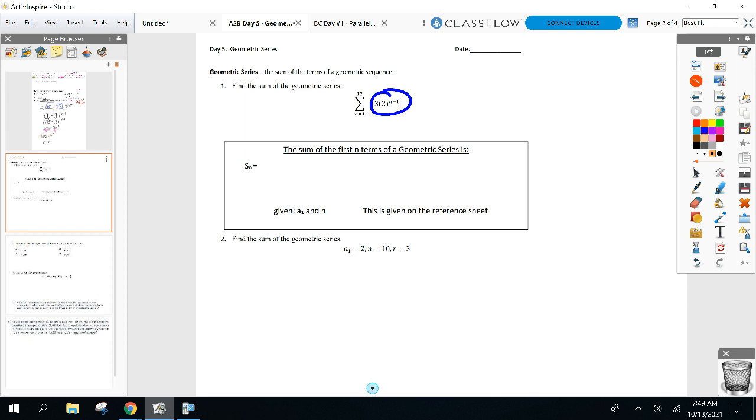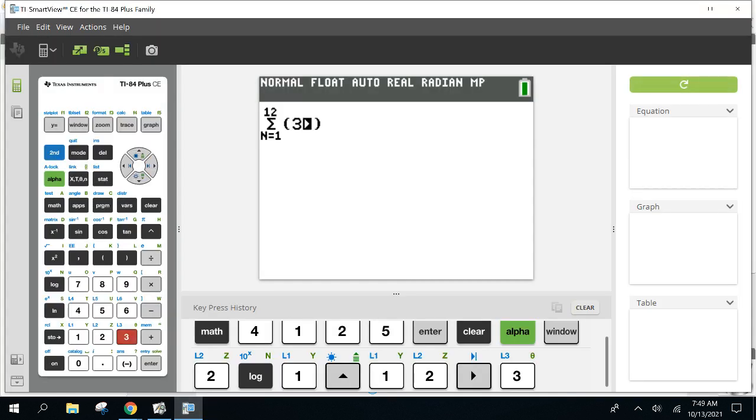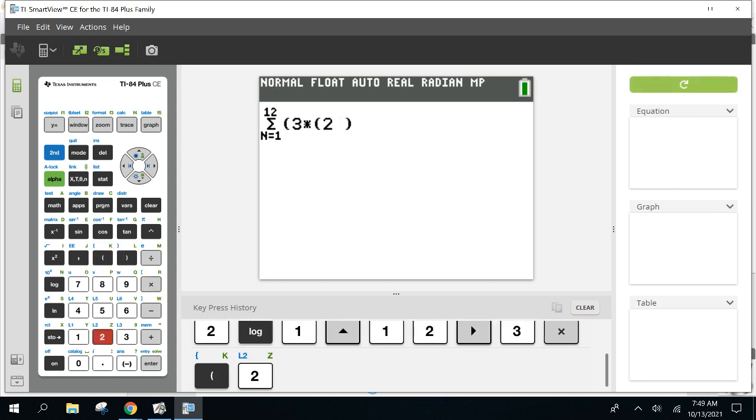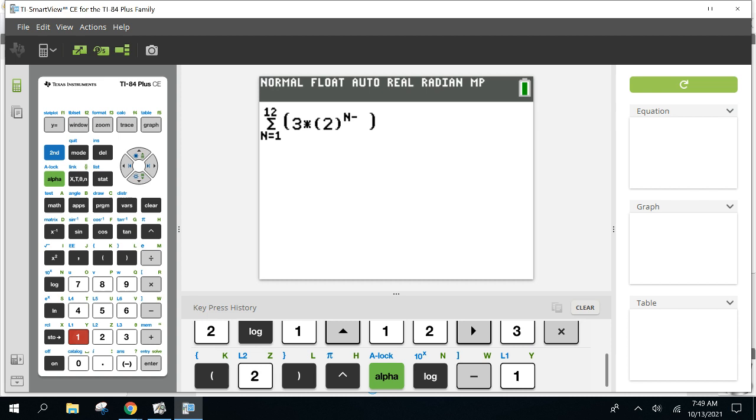So let's see, I got 3 times, you can put it in parentheses, 2. Now when I raise it, it's going to stay right there. I haven't gone out the set of parentheses yet that they gave me. What is it, n minus 1? Yeah. N minus 1. There you go. So make sure everything that you're given goes inside the set of parentheses the calculator gives you.